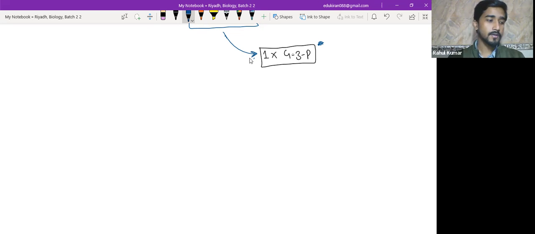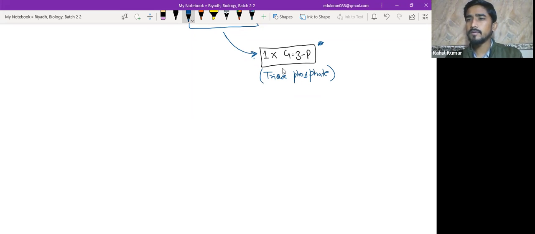The final product of the Calvin cycle, G3P, is also known as triose phosphate. Common name. Triose phosphate is just telling that it's a triose, meaning a 3 carbon sugar with a phosphate. Okay, you know triose, pentose, hexose, all these terms.